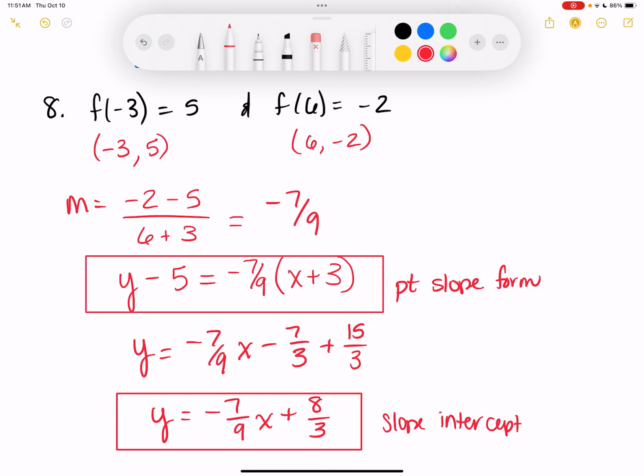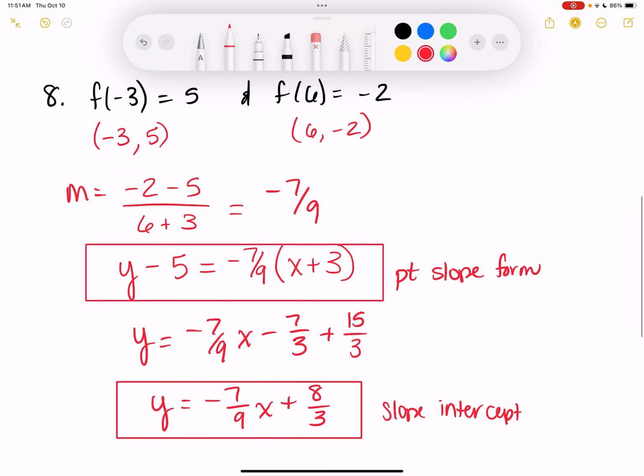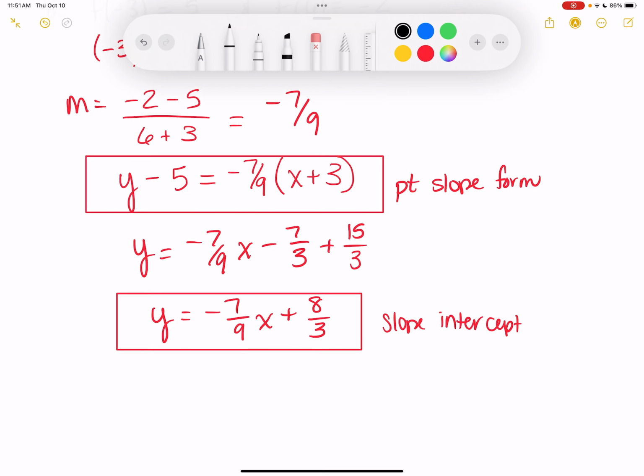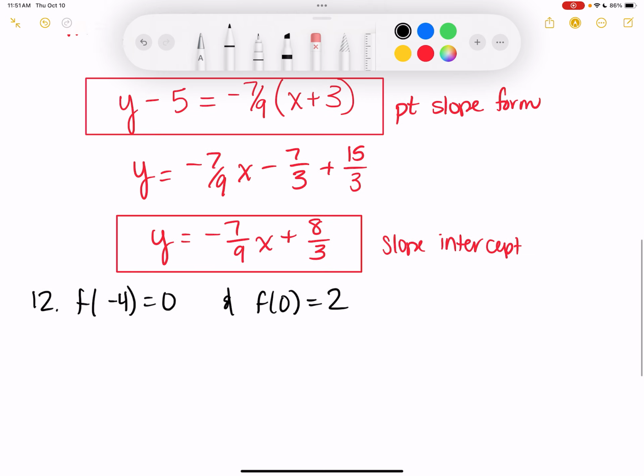Let's see. Same thing, number 12. f of -4 equals 0, and f of 0 equals 2. So my points are (-4, 0) and (0, 2). How do I set up my slope?